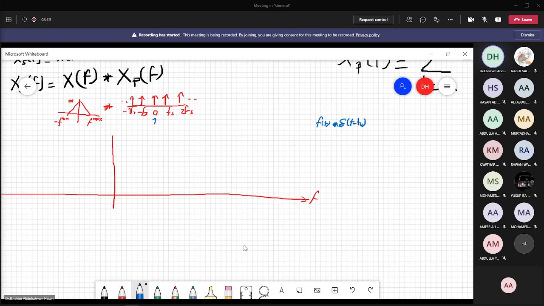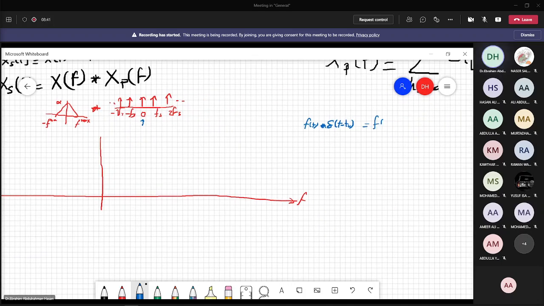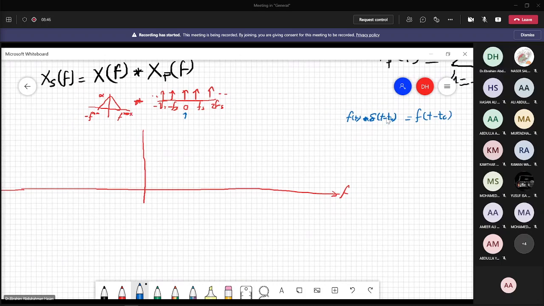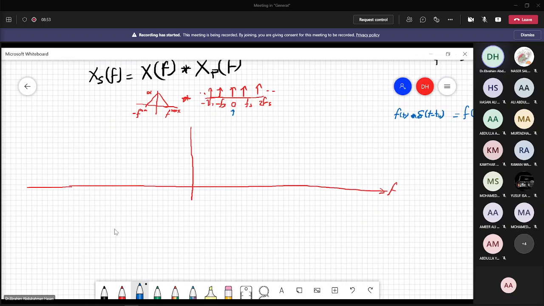In general, it is equal to f of t minus t naught. Okay, so then when t naught equals 0, then f of t convolve with delta t, I will get f of t. So here x of f, then I will get x of f, same as whatever we have here. So this is minus f max, and this is f max, and then this is my alpha, whatever we'll get here.